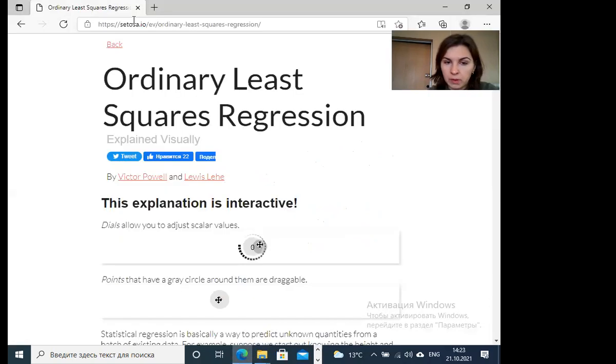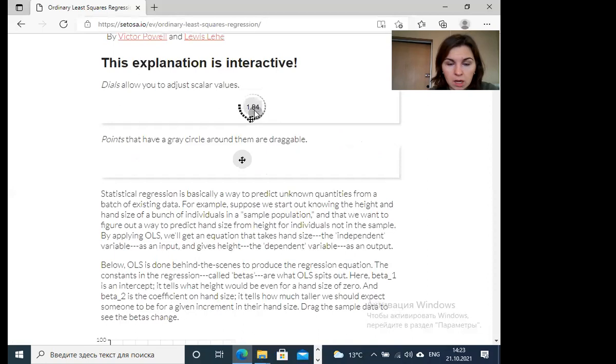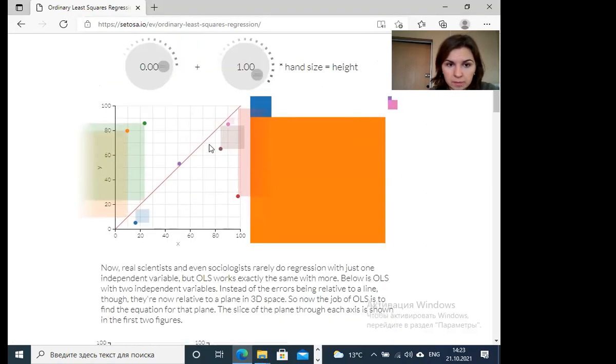The first link from the task, which you may open at home, allows you to play with the data points and see how this line changes. Here we have an example, dependency between height and hand size.